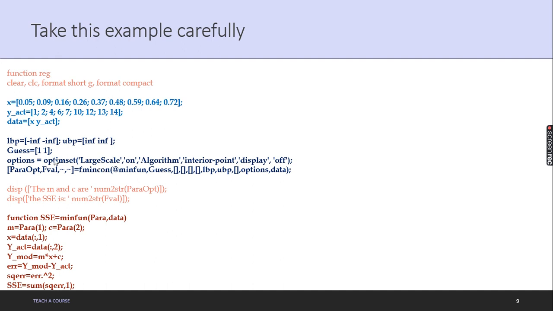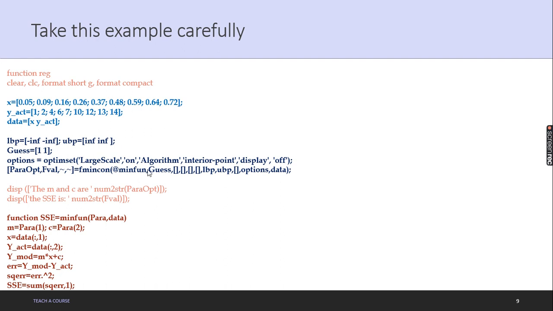function here. Before that we need to tell what is the lower boundary and upper boundary, because we know there are two unknown things. So the unknowns are m and c, and I am assuming the guess value initially as 1 1. The lower boundary I am assuming minus infinity because this is a linear equation, it can have minus values also, and upper limit is plus infinity.